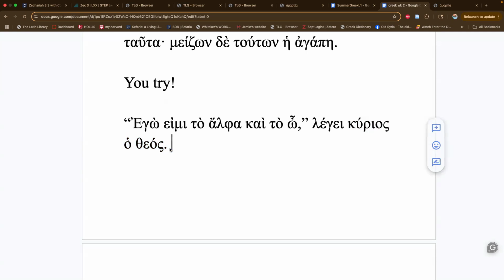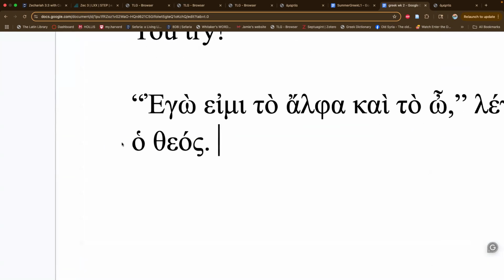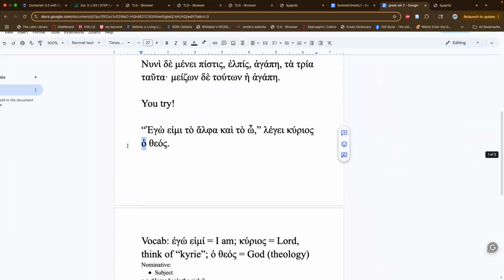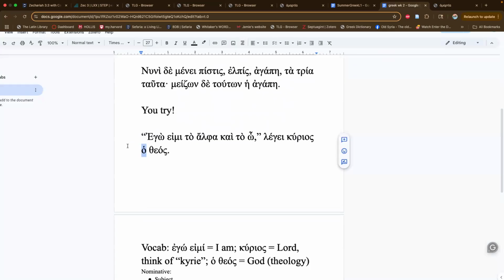So remember the omicron, and then it has the rough breathing, so it wouldn't be ah, but ha. Exactly. So ha theos. And this will be something that we'll see later, but the ha is the definite article.